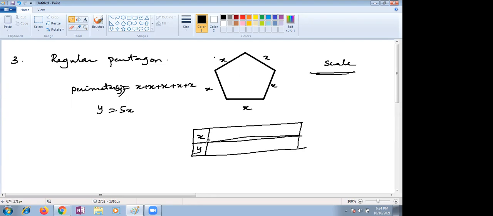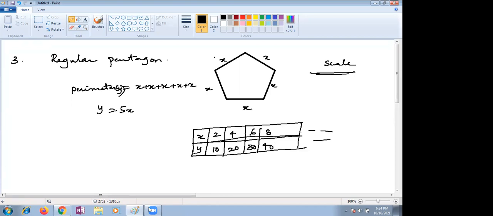So I'm taking 2 centimeters equal to 10 small divisions on y. So if I take 4, it's 20, right, children? Yes, ma'am. If I take 6, it's 30. 10, 20, 30. 8 means 40. Like that you can continue your table.